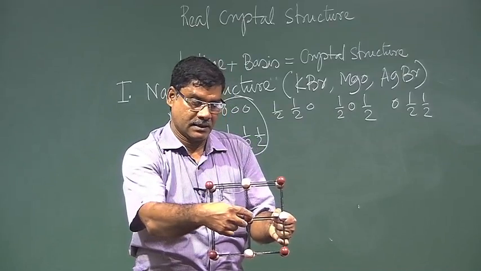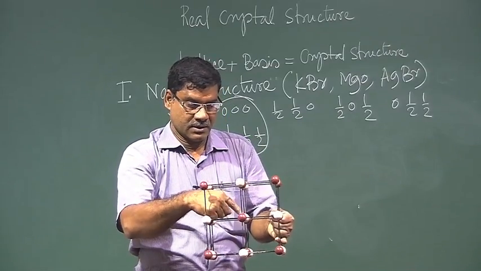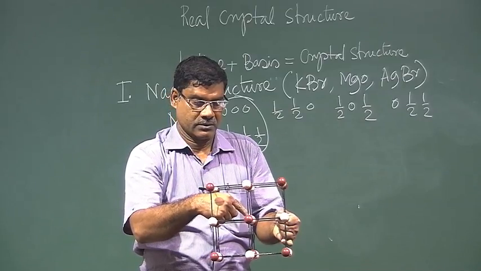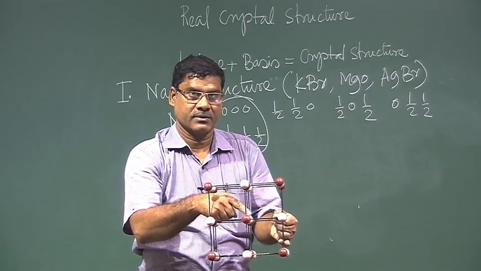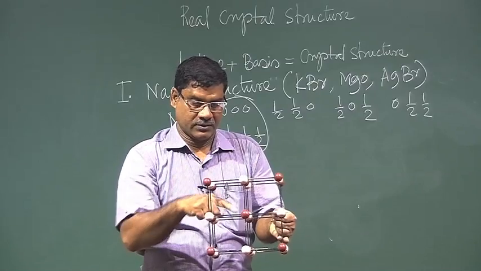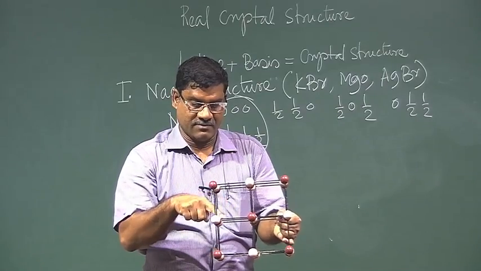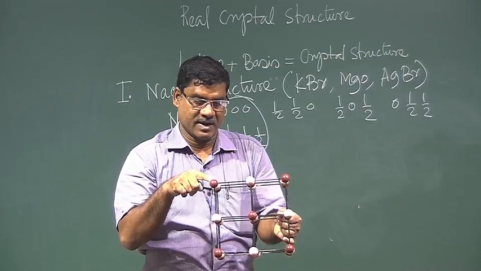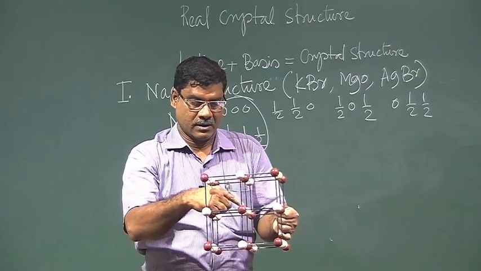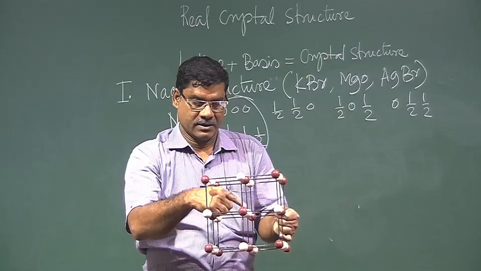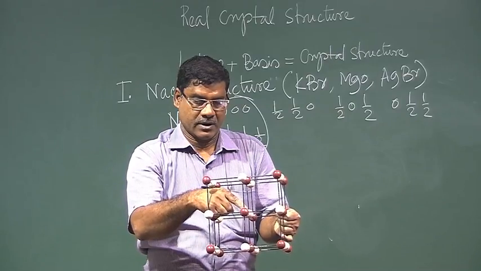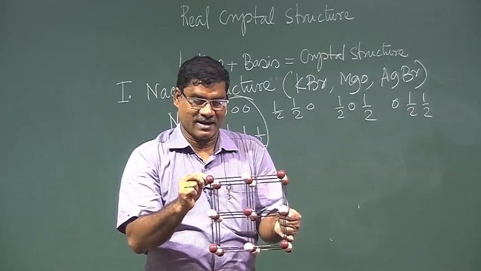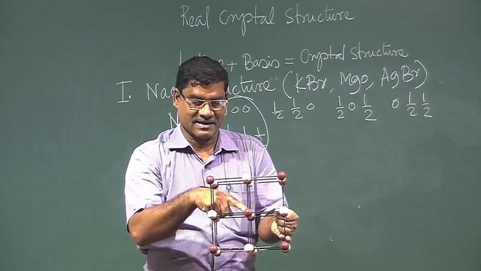So, what is the coordinate of this one? For half, 0, half, I am getting 0, half, 0. Where half was there, in that case it is coming 0.